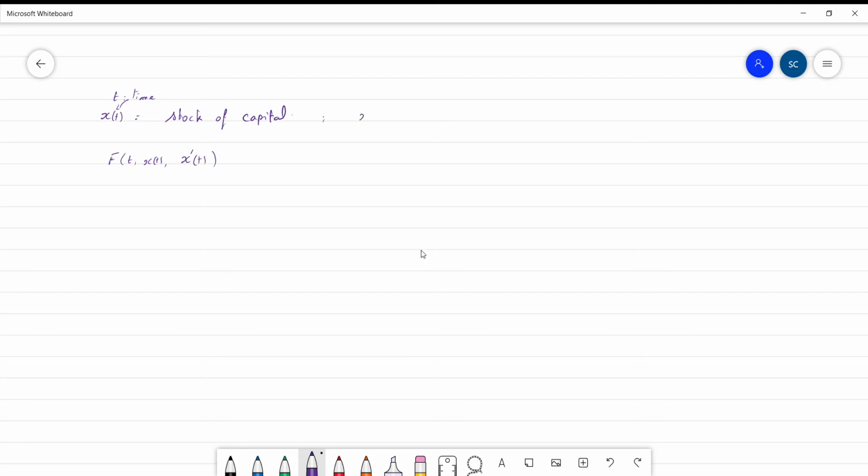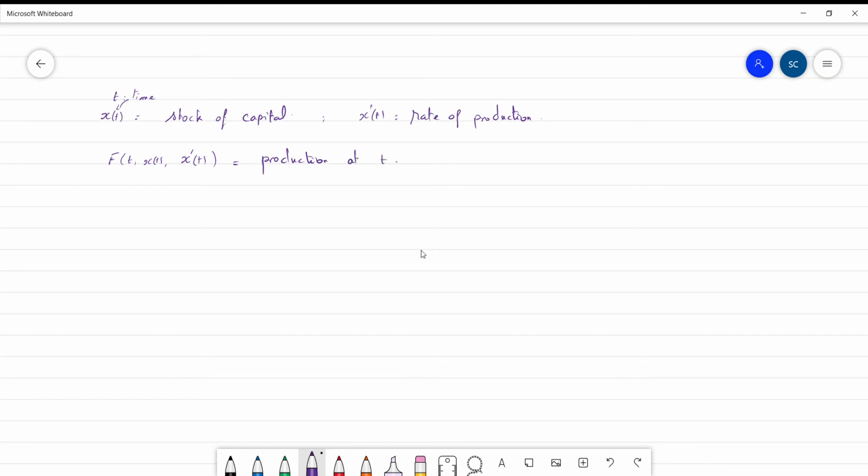So let's say x'(t) is the rate of production. This combination of these quantities forms the production function at an instant at time t.